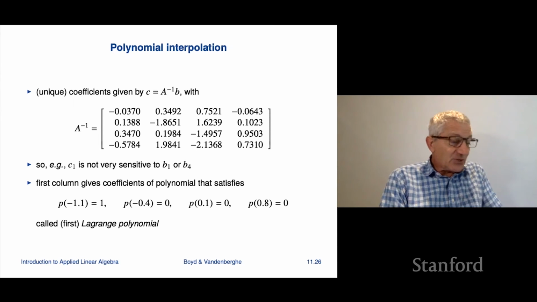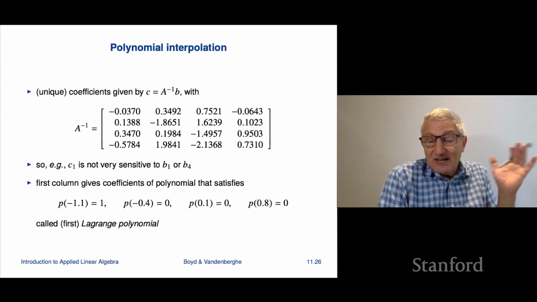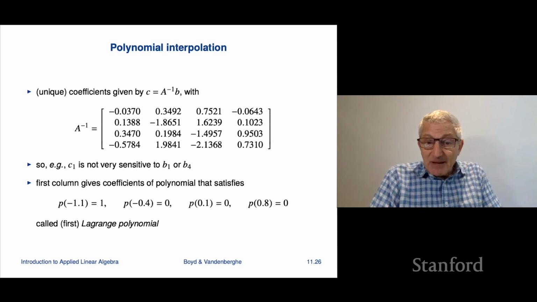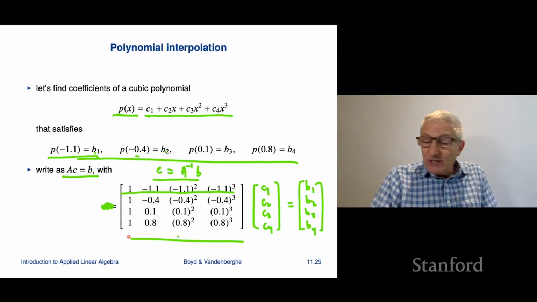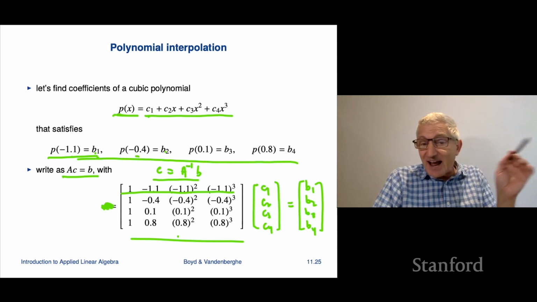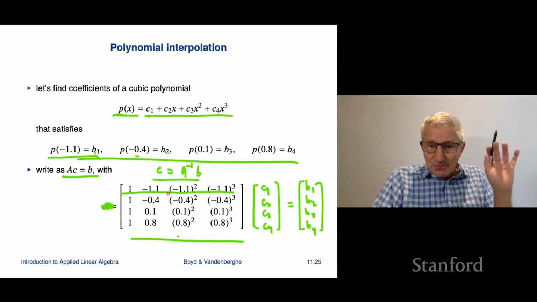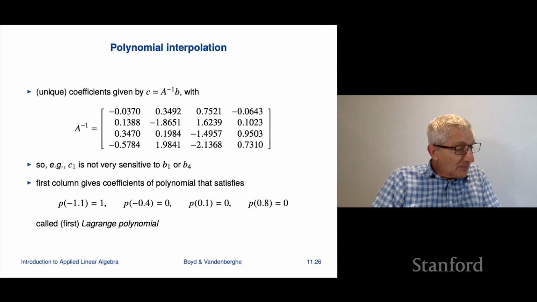If you multiply this matrix by A, you will get something close to the identity. Because I've only given the entries to 4 significant figures, you'd get numbers on the diagonal like 0.99999, and the off-diagonal entries would be super small.